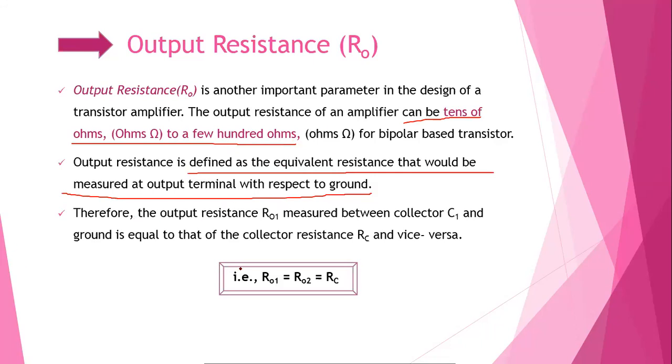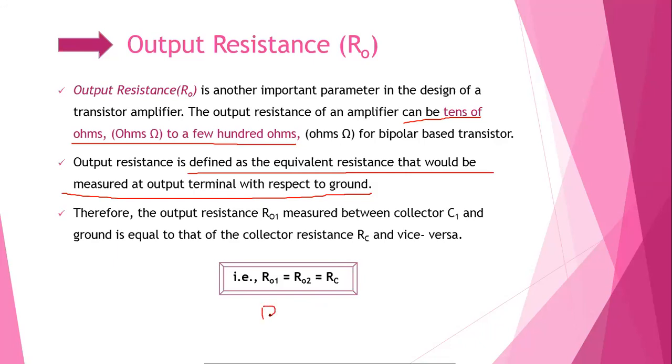From the previous concepts, as we have only RC as output resistance, here we are directly equating the output resistance to the collector resistance RC. So we can write R01 for the Q1 transistor and R02 for the Q2 transistor. Together they can be made equal, since both the transistors have identical characteristics and are matched transistors, directly equal to RC.